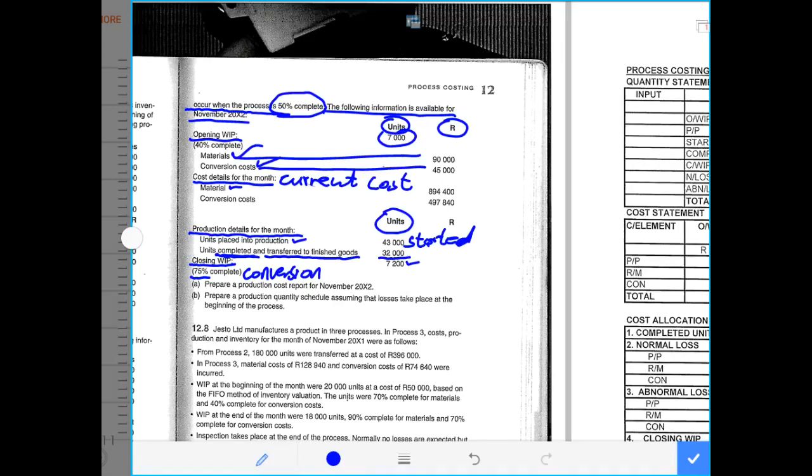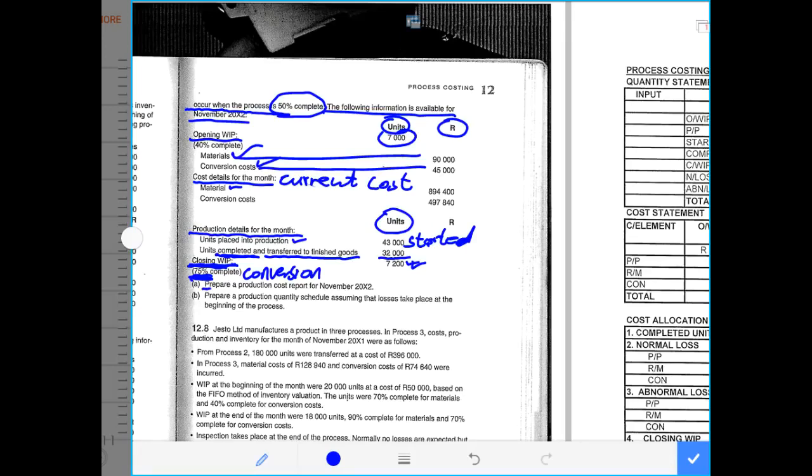So the units left at the end are 75% complete in terms of the conversion cost. However, it's 7,200 units, but all the material needed to produce this product was 100% there. So the 75% is in terms of the conversion cost, which is the labor and overheads.